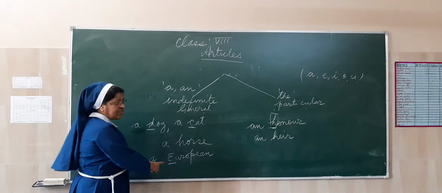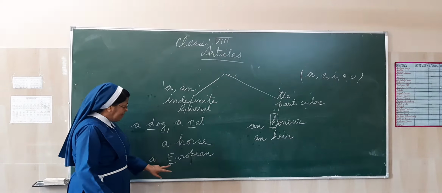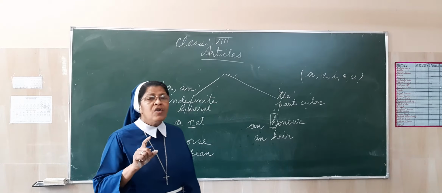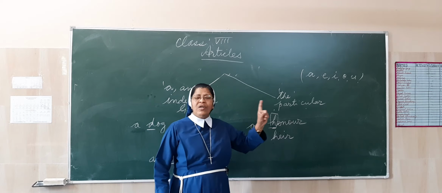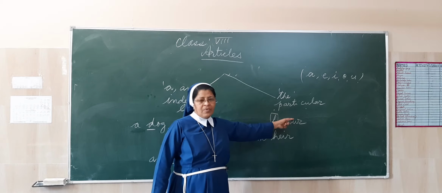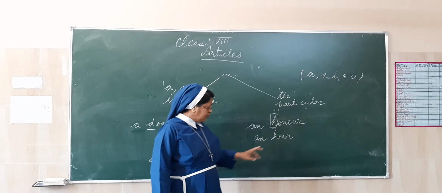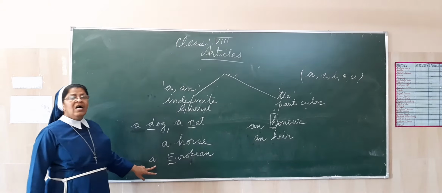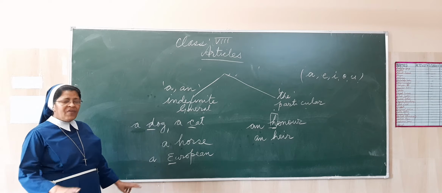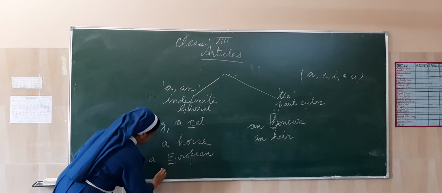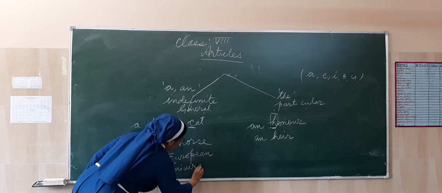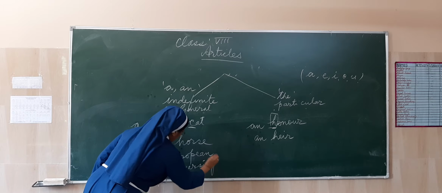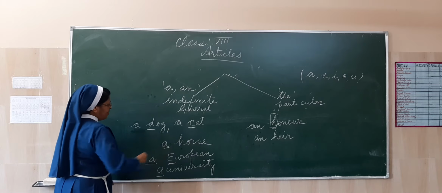Now here the letter is starting with E, but when you speak, you say yoo-ropean. The yoo sound doesn't come under the vowel sounds. So we use here a European. Same way, a university. Even here you don't use an.